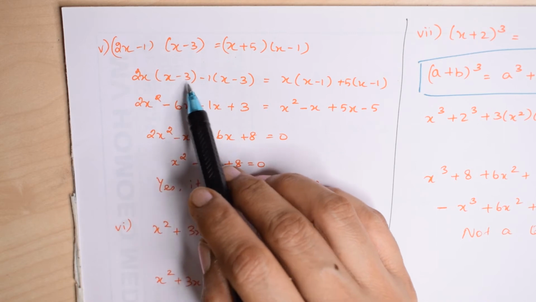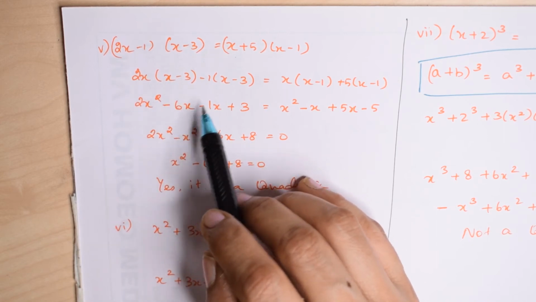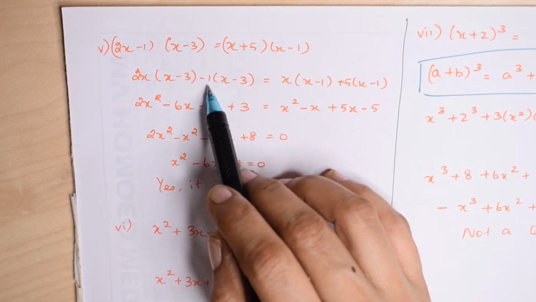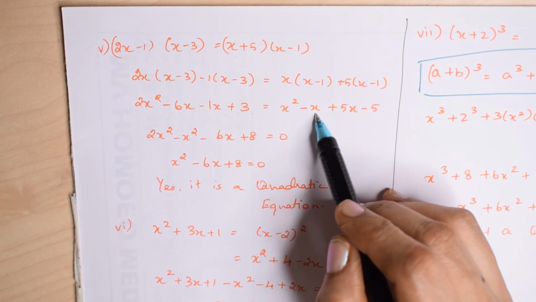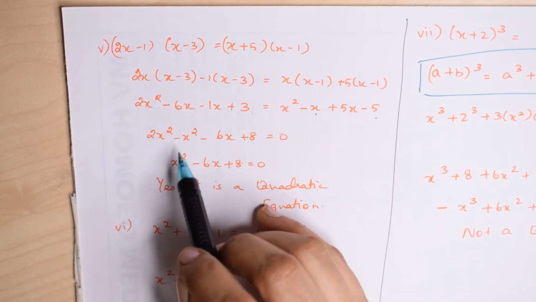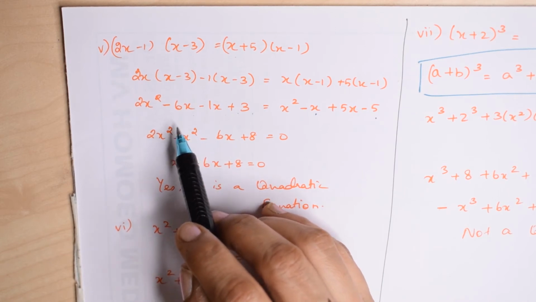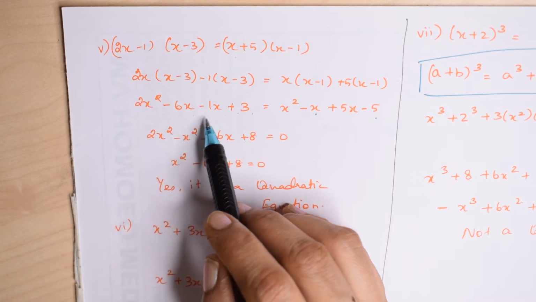Bringing this 2x inside, 2x into x is 2x square, minus 6x, minus 1x, minus into minus plus 3. Here x square minus x plus 5x minus 5. Okay, simplifying it, minus 6x minus 1x becomes minus 7x.